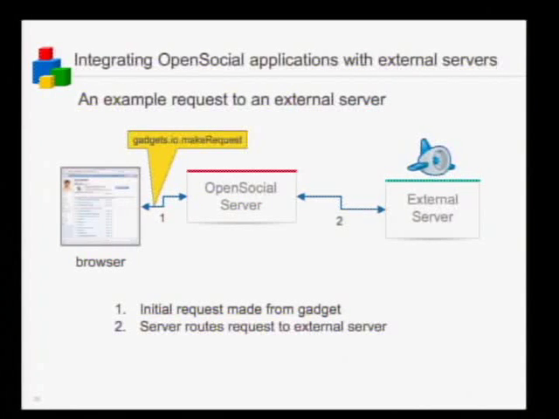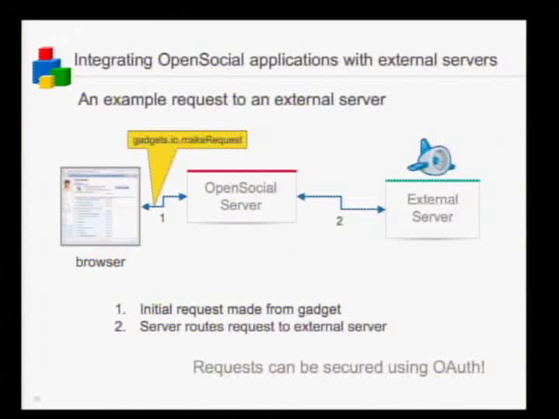So you could build your application that makes gadgets.io.makeRequest calls back and forth to the server. The OpenSocial server routes that request over to the third-party or external server. And then at that point, you have full connectivity with both your own home server as well as the OpenSocial server. Okay.